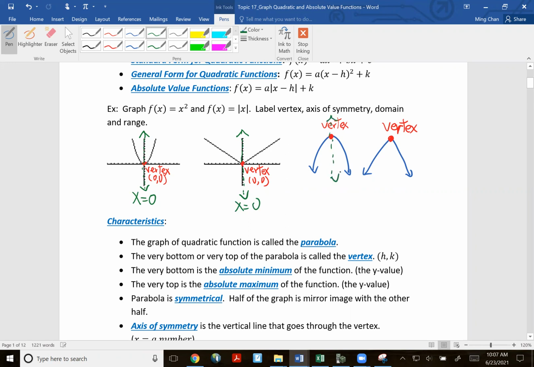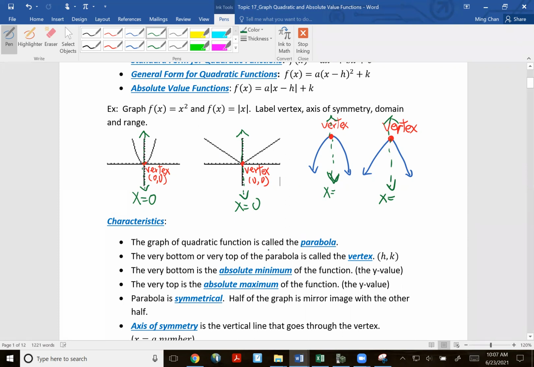Whatever the x value of the vertex is, that should be the equation for the axis of symmetry. Now from the transformation, we know that the vertex will move to different places based on the horizontal and vertical shift. Therefore, the axis of symmetry moves along with it as well.